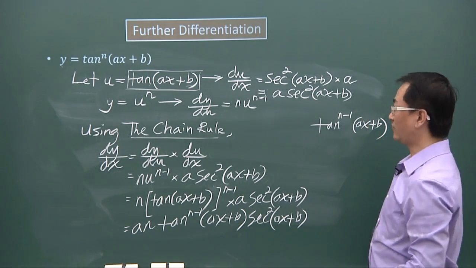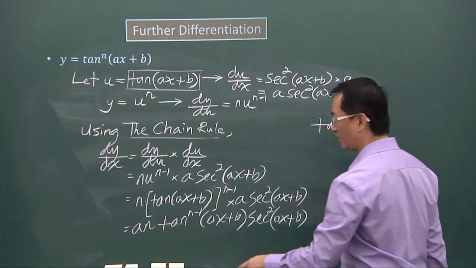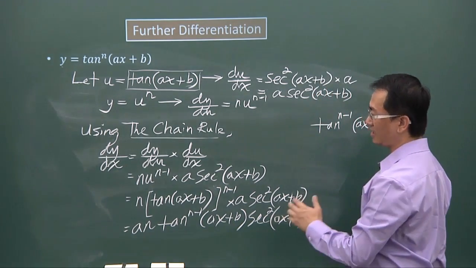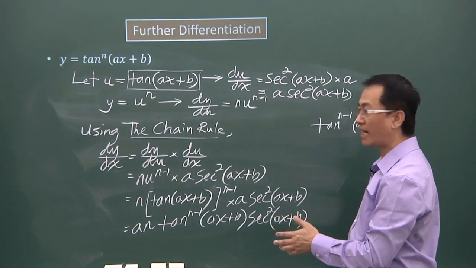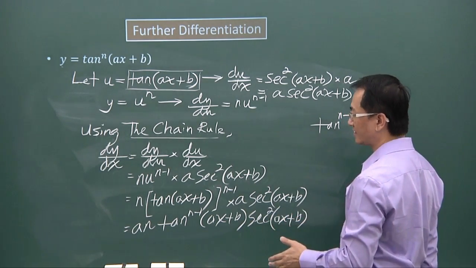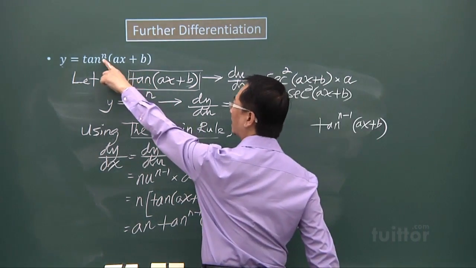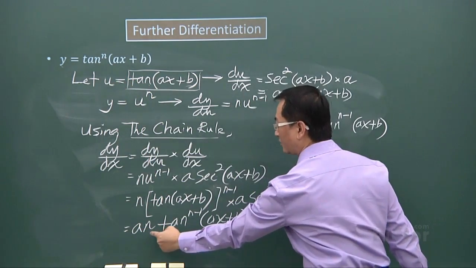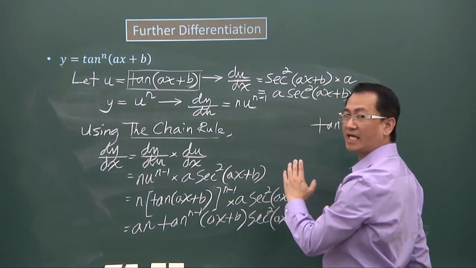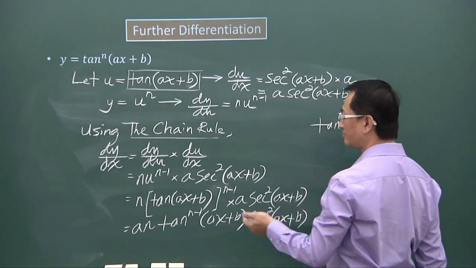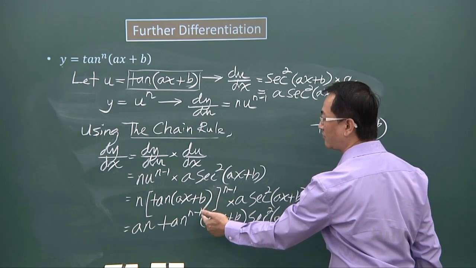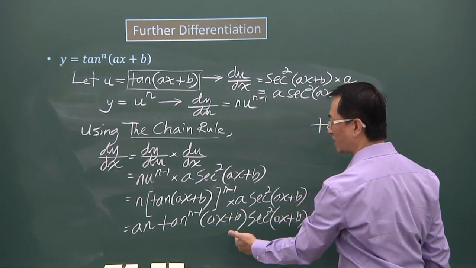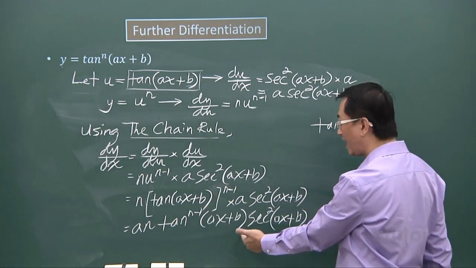So that's a lot of writing, but we got the same results. So in short, if you're going through the shortcut approach, then it's the same thing. The index right in front becomes the multiplier, followed by tangent, with the index minus 1, and the expression of the angle remains the same.